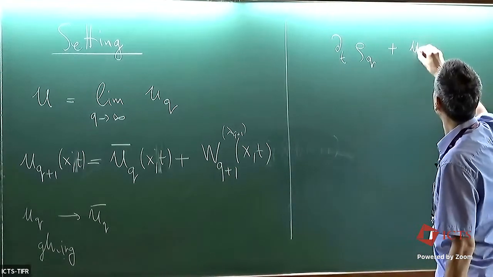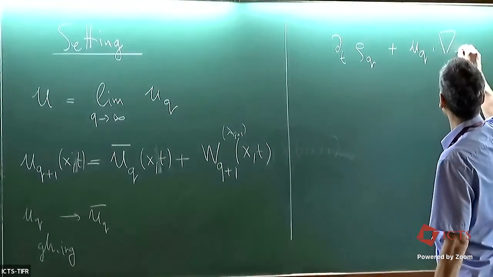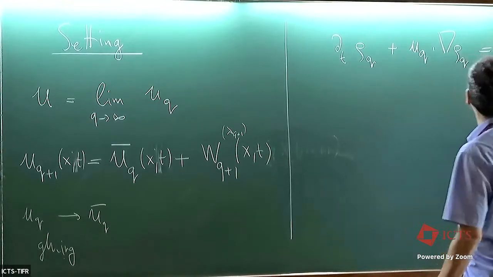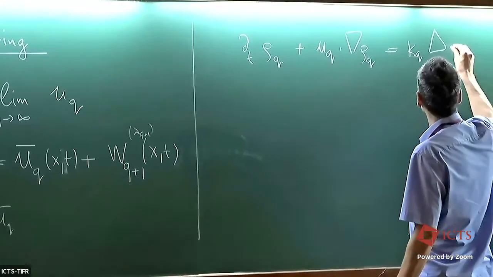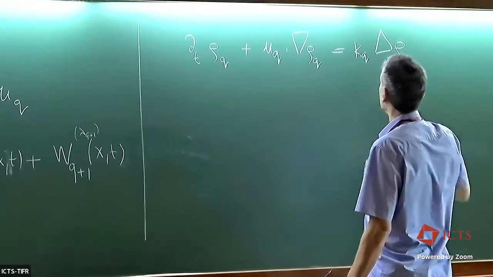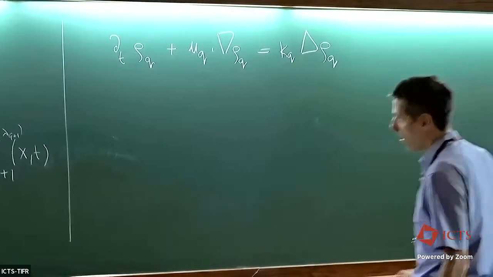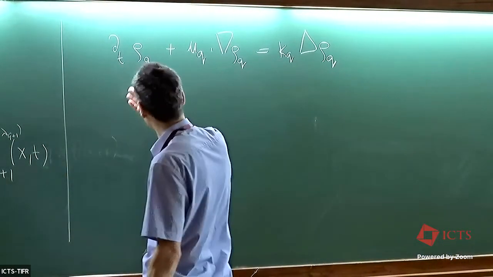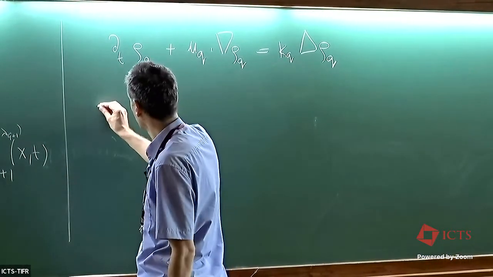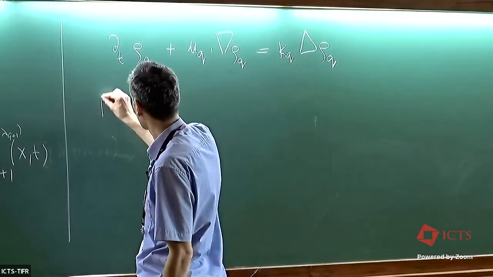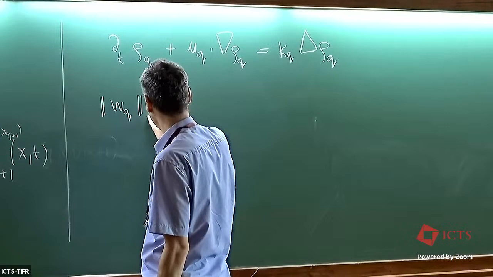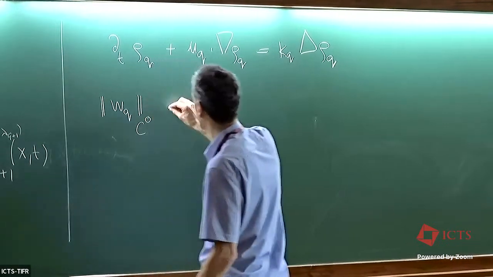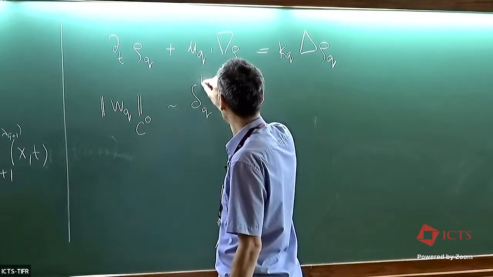and for each q, I'm looking at the scalar advection diffusion equation. Where, okay, and there are certain scales. So for instance, the amplitude of the perturbation is like delta q.